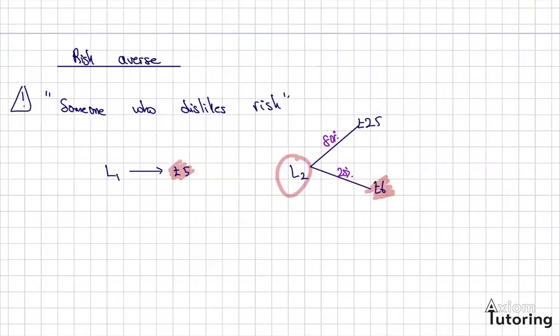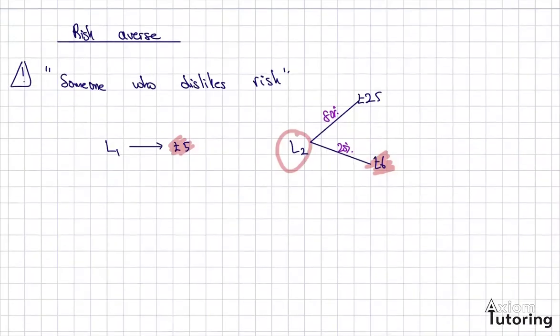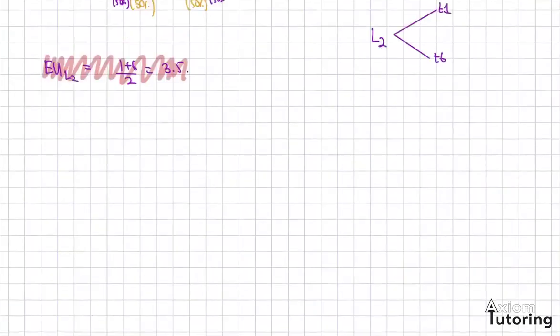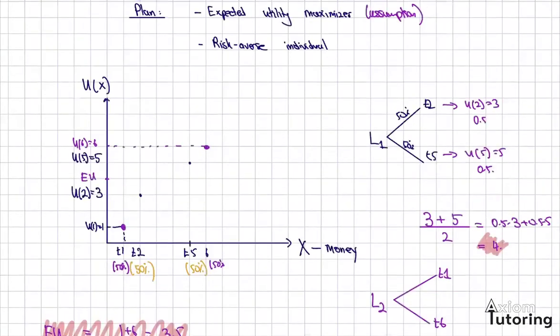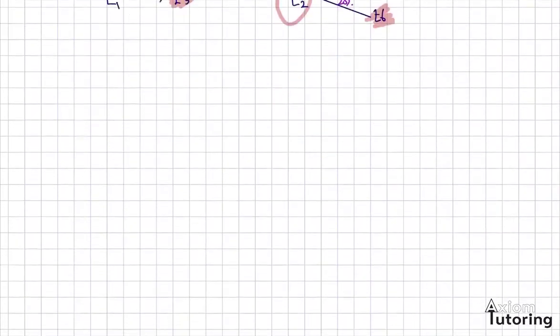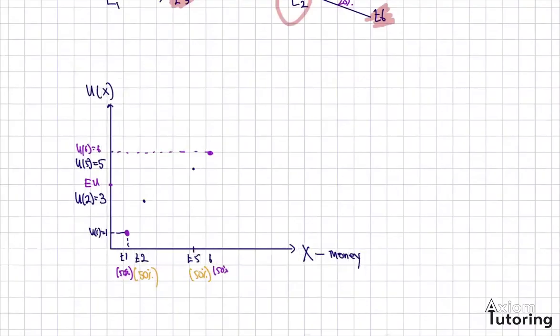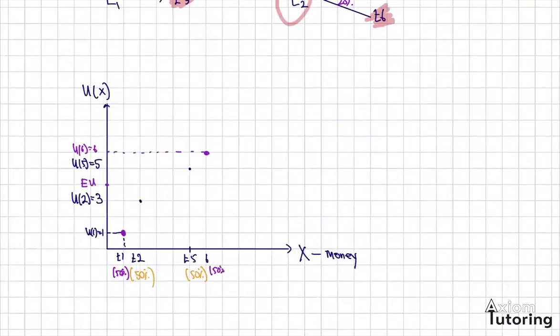Let's try and understand a little bit, what does it mean for someone to be risk averse? Let me go back to this picture here. And let's focus on that first lottery. Okay. Now imagine that I go to that first lottery. So I get rid of this purple lottery just so that I don't overload the graph. Okay. Here we go.